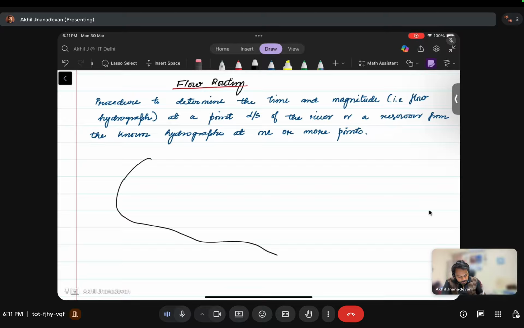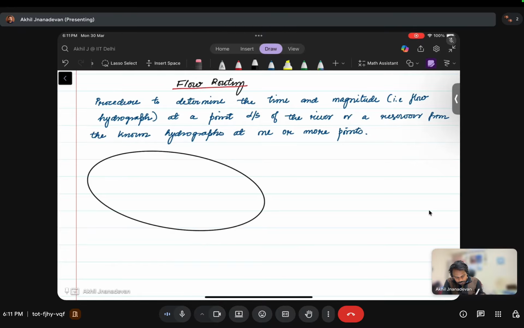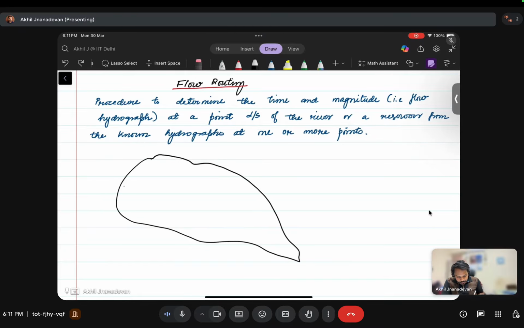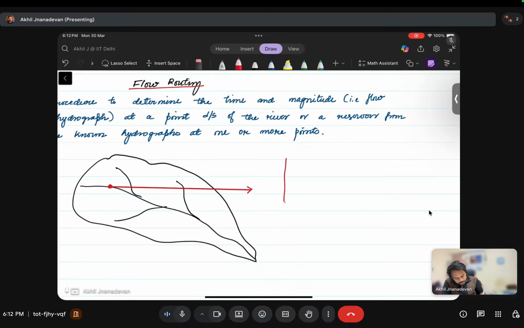If you consider a catchment like this, we have the mainstream and we have the tributaries or substreams, and we basically know the hydrograph here. At this point, we have done all these analyses, the rainfall runoff model. We have modeled it and we got the hydrograph here, or this particular station is gauged and we know the outflow hydrograph here.